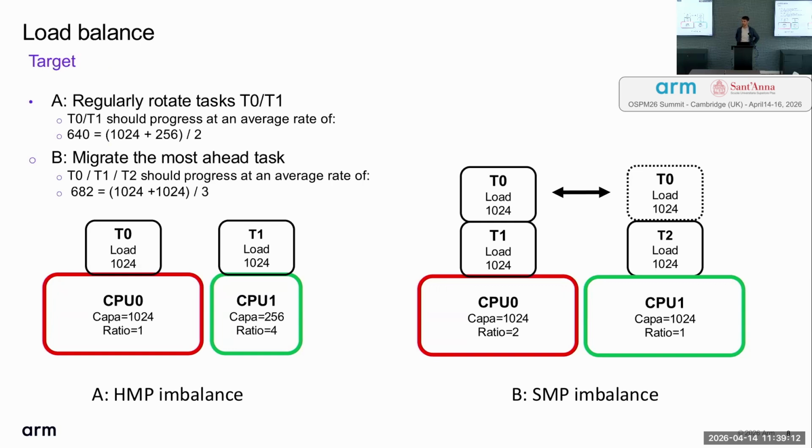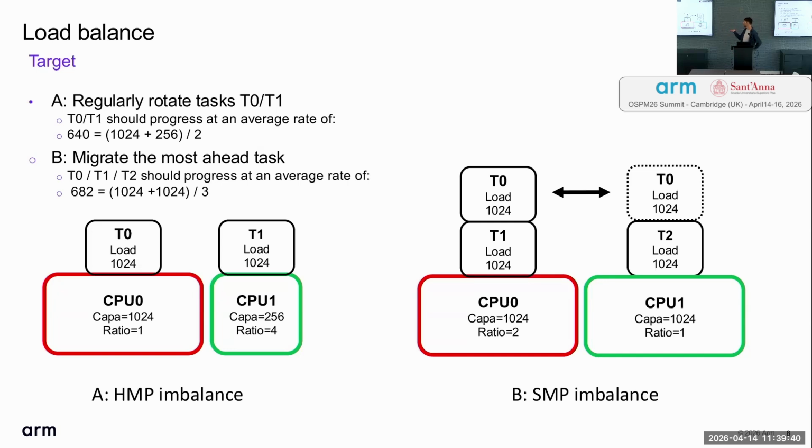What we should ideally aim for in this kind of situation is to have each task receiving the average capacity of the platform. On example B, the average capacity of the platform is (1024 plus 256) divided by 2.